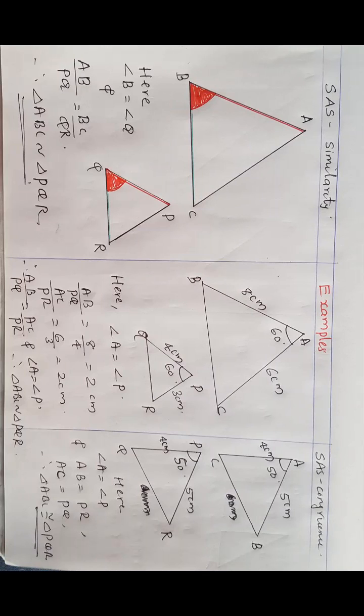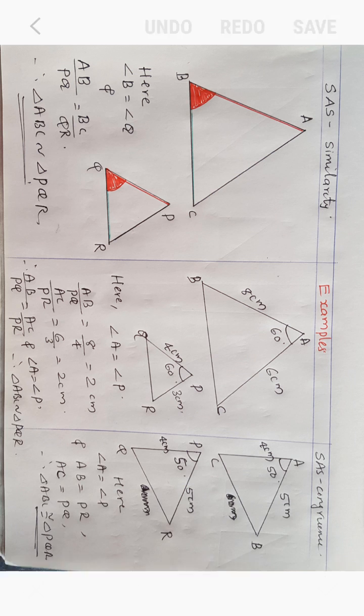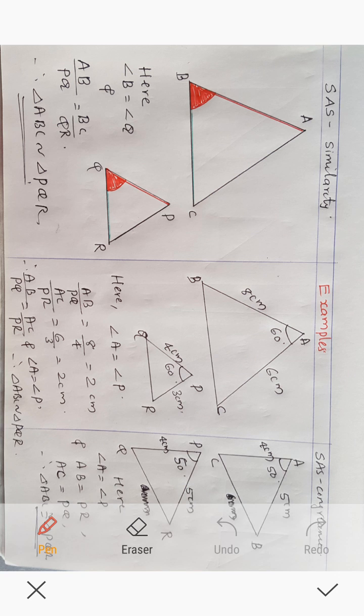Then comes SAS similarity. See what is SAS congruence. SAS congruence, you can see here, triangles are congruent if two sides and the included angle of one triangle are equal to two sides and the included angle of the other triangle.